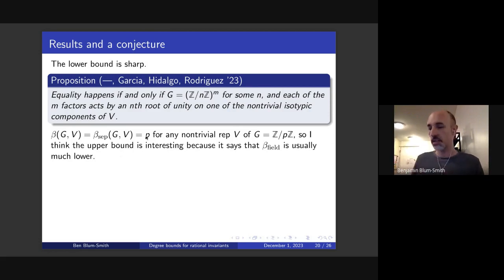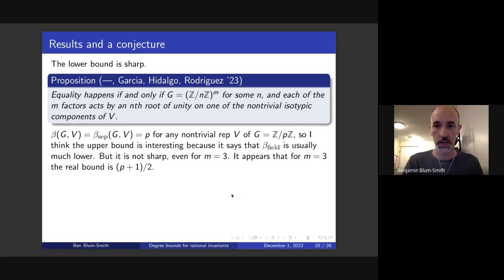So already the story for beta field is much richer for Z mod PZ, even in the non-modular, let's say algebraically closed case. And it's usually much lower than p.